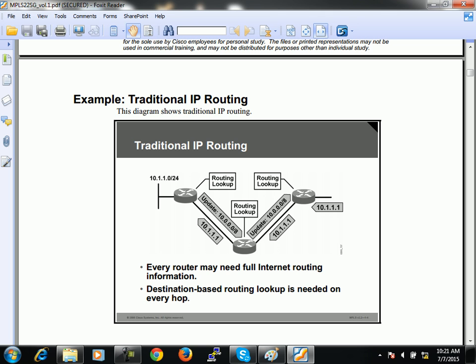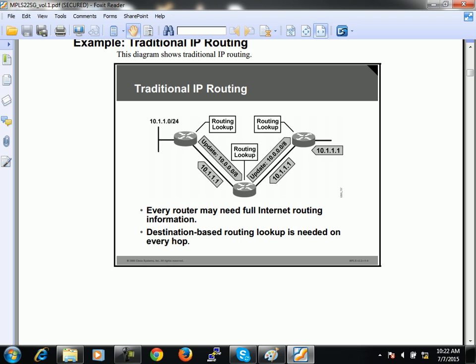Then a packet arrives on R3, which wants to reach 10.1.1. It performs a routing lookup, gives it to the next router, which again performs a routing lookup, and finally it gives it to R1. So every router may need full internet routing information. Destination-based routing lookup is needed on every hop, because routers always perform lookup only for the destination IP.